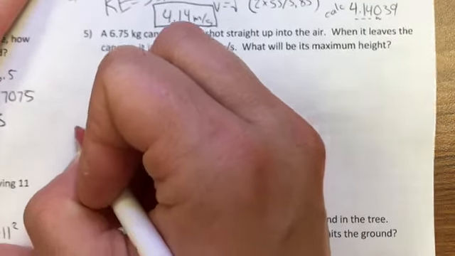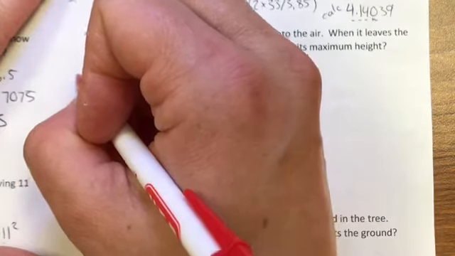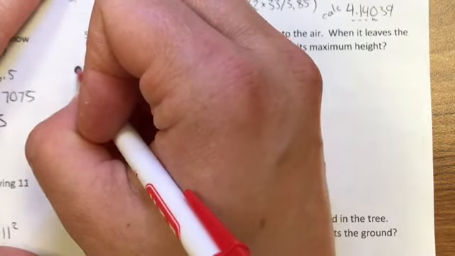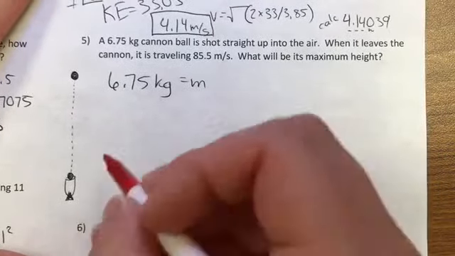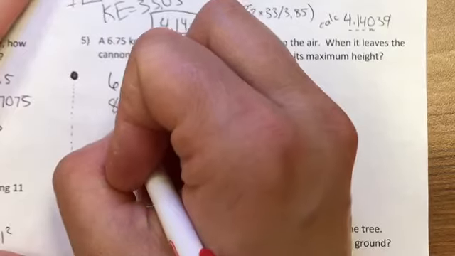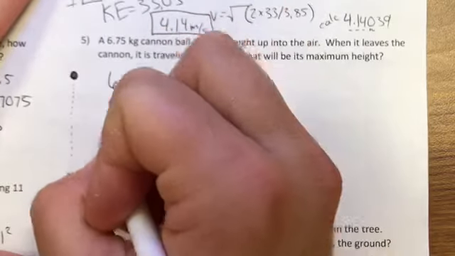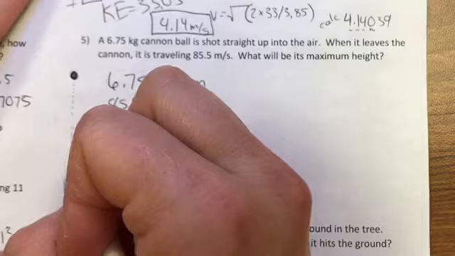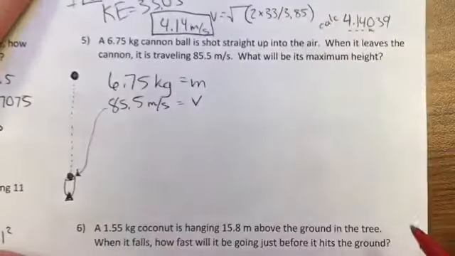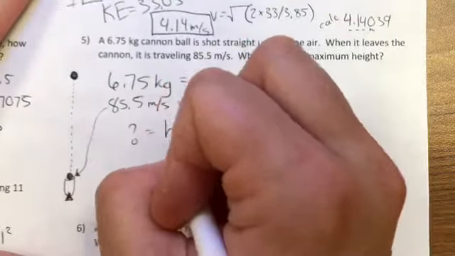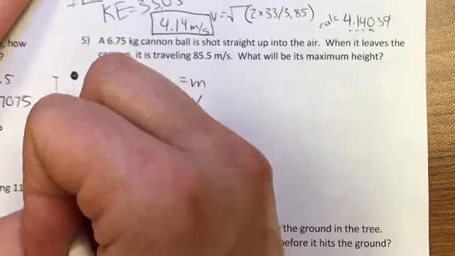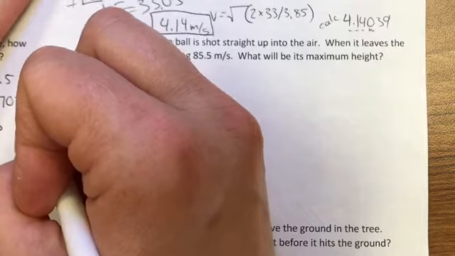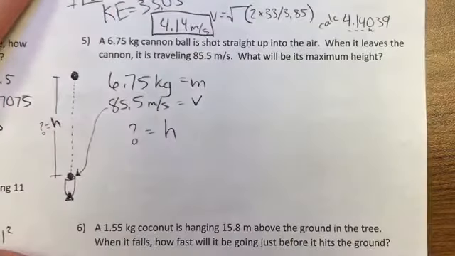Ball goes straight up into the air. 85.5 meters per second, that's its velocity when it leaves the cannon. Question asks for the maximum height. How high will that cannonball get?